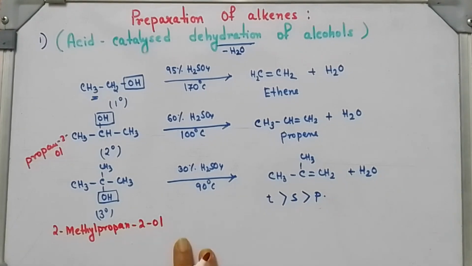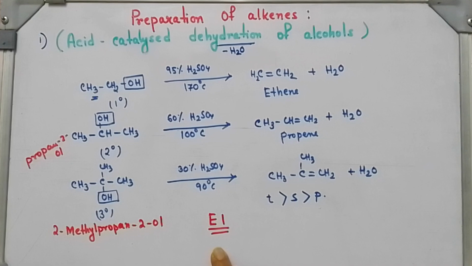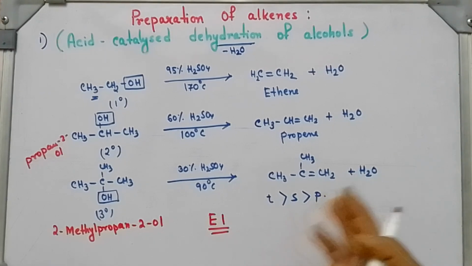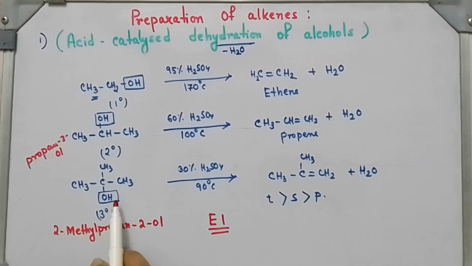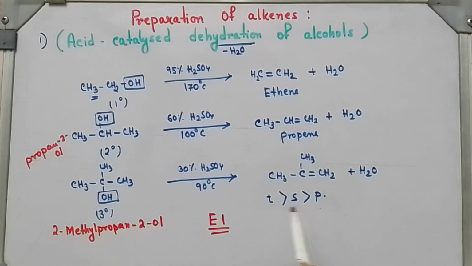Because the mechanism is E1, the reaction takes place via carbocation formation. The more stable the carbocation is, the more easily the reaction will take place. Tertiary carbocation is much more stable than secondary, and secondary is much more stable than primary. So this is the rate of the dehydration reaction.